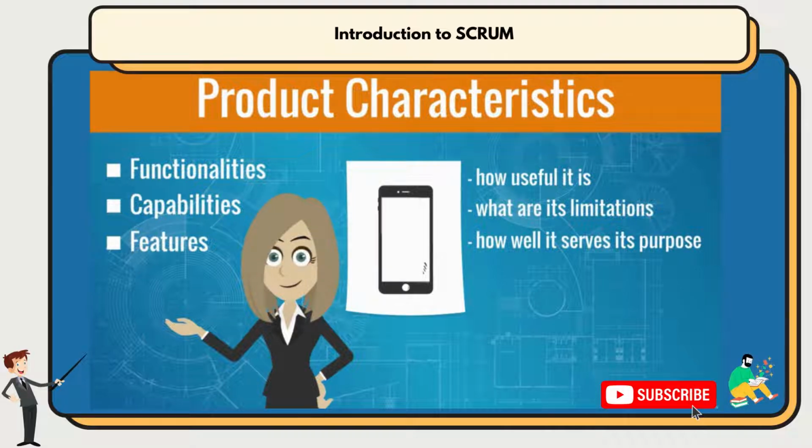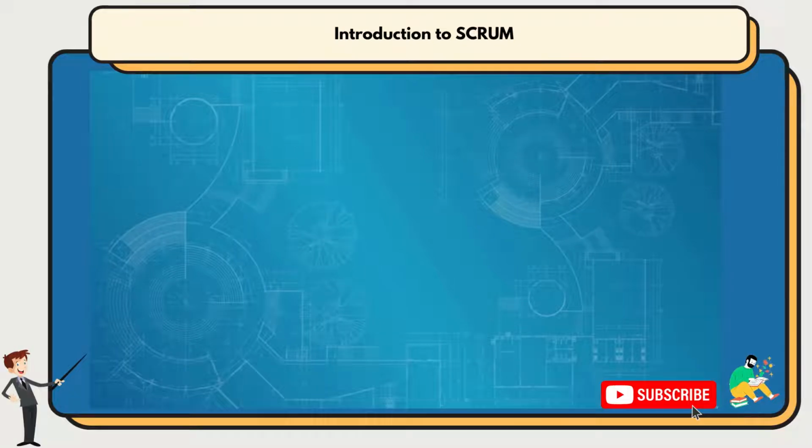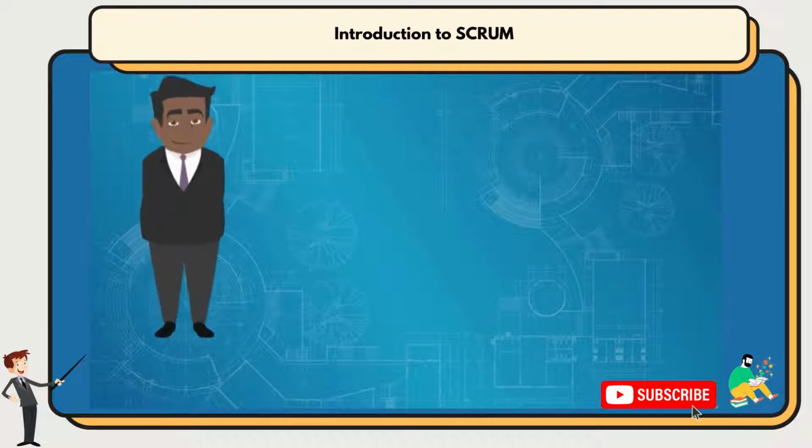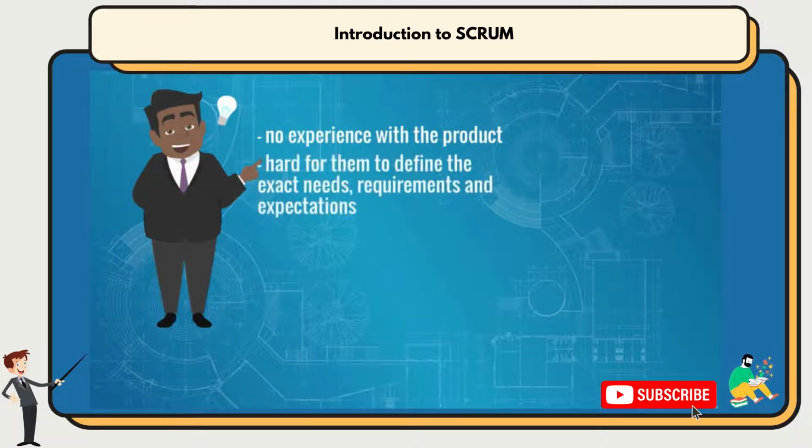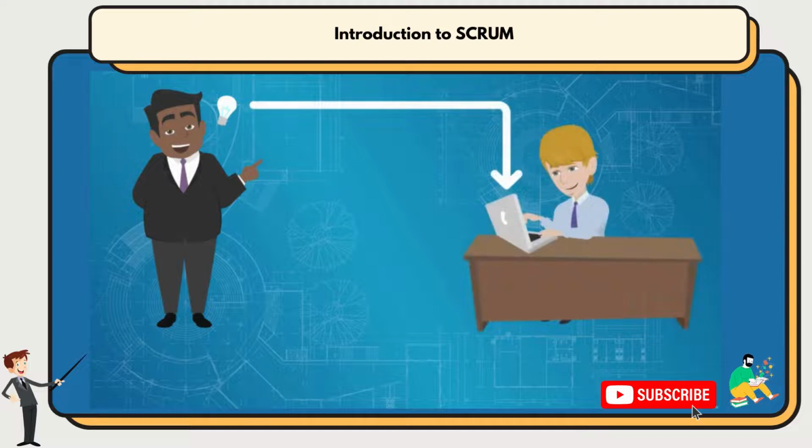Okay, let's continue. In these initiatives, there usually are a few considerations which make them qualify as complex work. The users of the future product. Often, they do not have experience with the product before it's created. That makes it hard for them to imagine how they will be working with it, and hence define their exact needs, requirements, and expectations. The creators of the product.